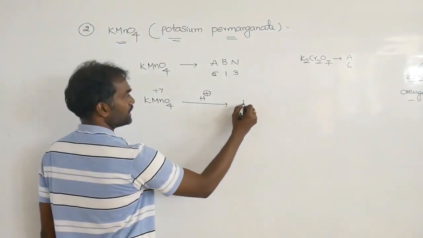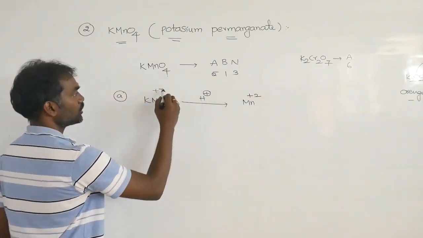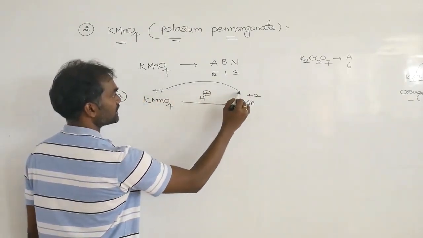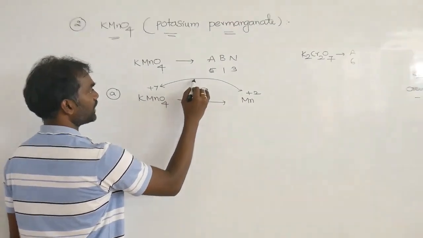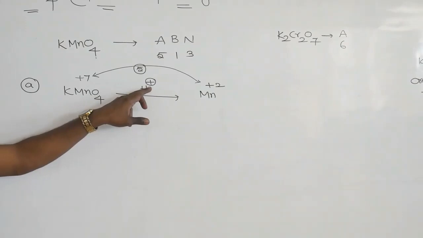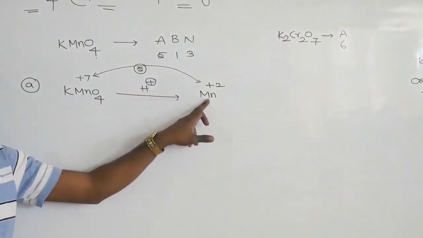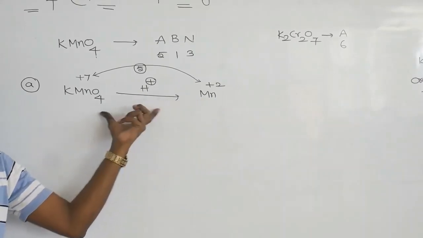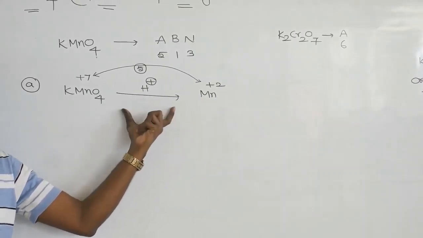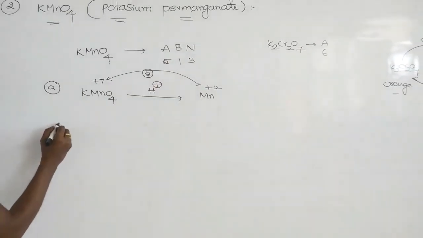Next, here it becomes Mn plus 2. So how many electrons are exchanged from here to here? 5 electrons are exchanged. So in acidic medium, KMnO4 manganese becomes Mn plus 2. You try to learn by heart only. This is experimentally observed, so that's why that is important. Next, B.